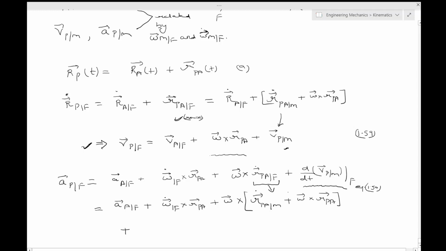This entire thing is coming from that, this entire square bracket which you have. So d by dt of v_p of m will be equal to d by dt of v_p of m with respect to m plus omega cross v of p with respect to m.